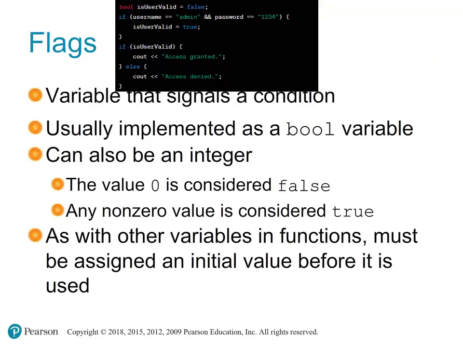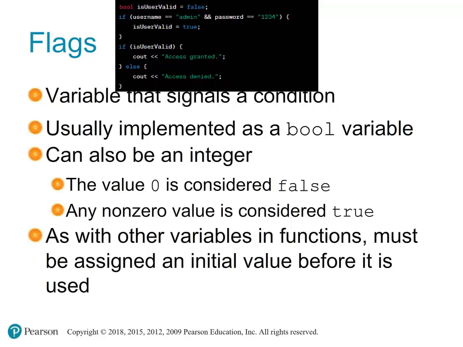A flag variable is used to signal a condition or status in a program. Flag variables are usually implemented as bool variables, B-O-O-L, but they can also be integers. When using bool, the values true and false are used to indicate the condition.